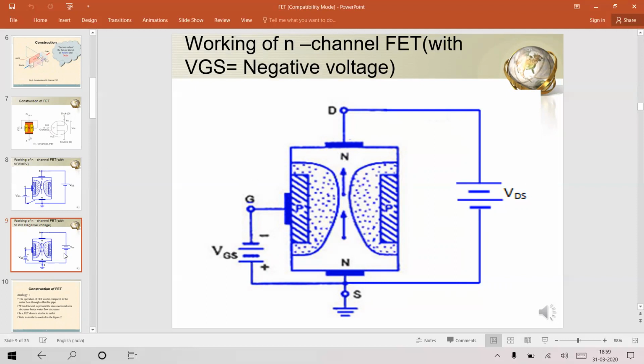That is the advantage of this device. You have control over the channel, or over the current conduction in the device, through the gate source voltage.